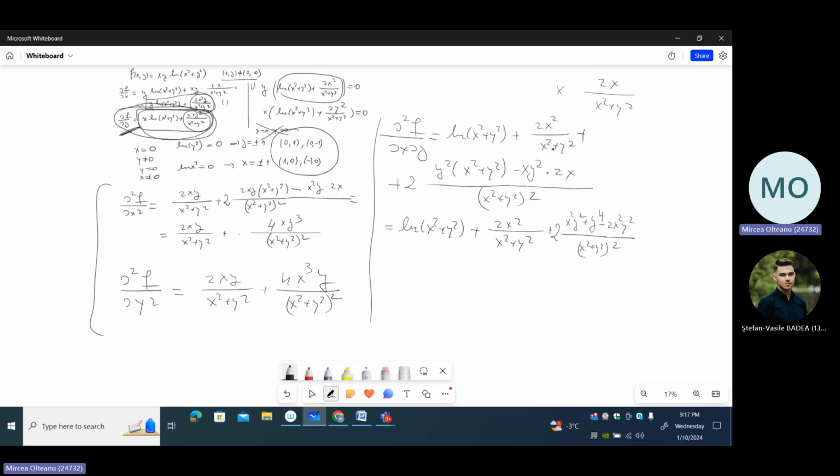So it's 2x squared over x squared plus y squared, and here plus, now this term, 2, we put it in front, and we have xy squared differentiated with respect to x, it's y squared times x squared plus y squared, negative, now xy squared as it is times the derivative of the denominator, with 2x.